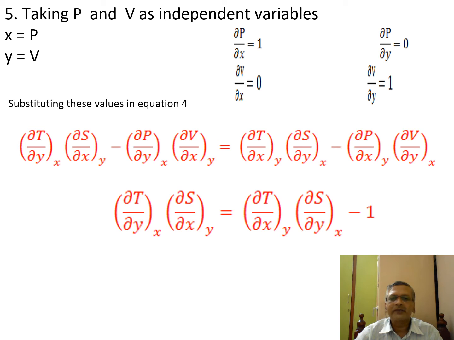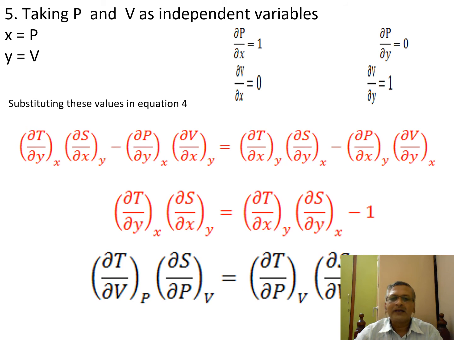Go to the RHS. Dou P upon dou x keeping y constant, into dou S upon dou y keeping x constant, minus dou P upon dou x is 1 and dou V upon dou y is 1, therefore minus 1. Substituting the x and y values, x as P and y as V, we get this equation. This is the fifth Maxwell's thermodynamical relation.